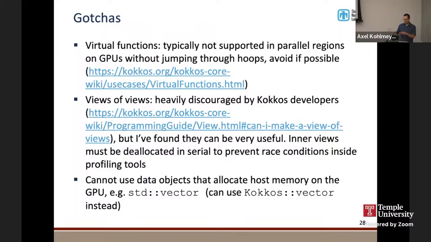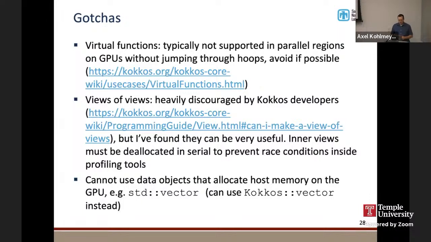You could have the outer view, and the inner views are of different sizes. This is kind of like using pointers and then having different allocations for the outer array. There are some gotchas. You have to deallocate in serial to prevent race conditions inside of profiling tools. But I use this in ReaxFF, as well as for custom data structures.